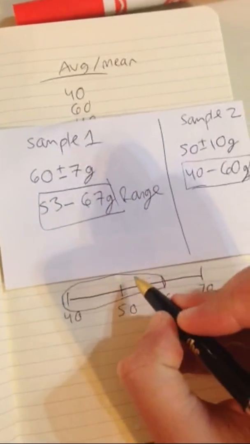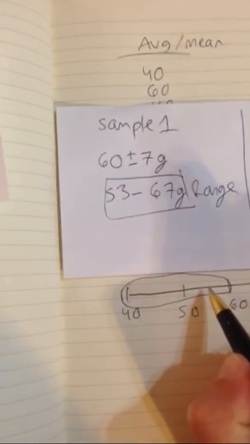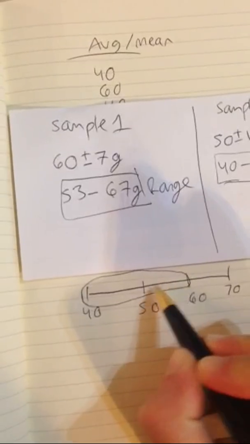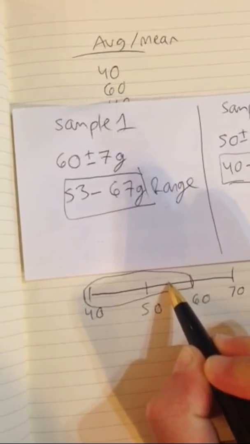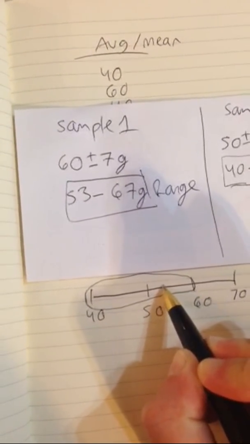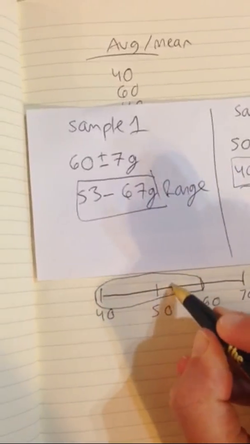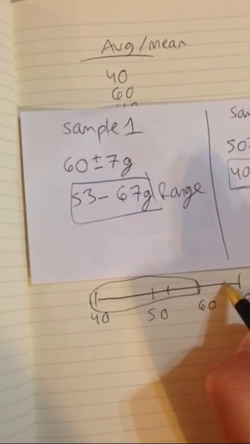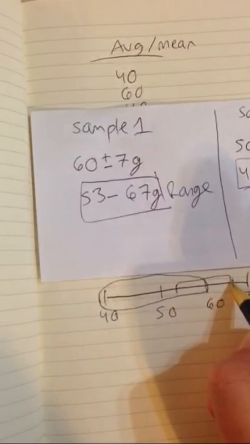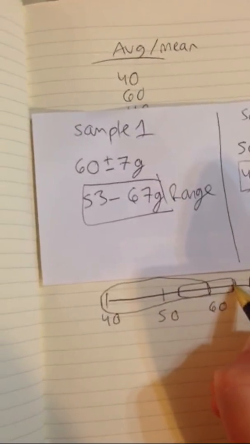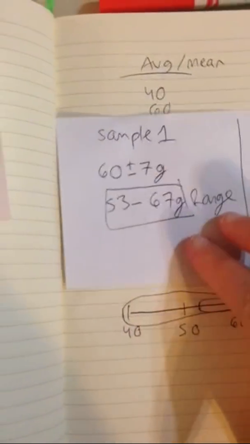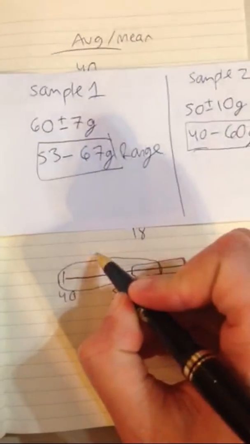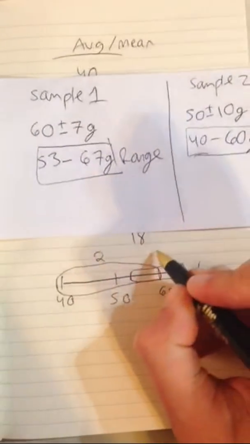So if we want to draw that in, we have to estimate, somewhere between 50 and 60, that would be about 65. And so we're starting around 53 and going up to about 67. So this would be our range for sample 2. So sample 1. Sample 2 is here, and sample 1 is here.